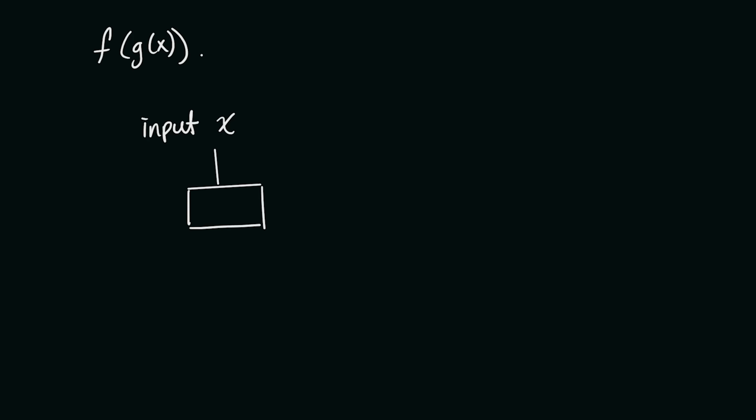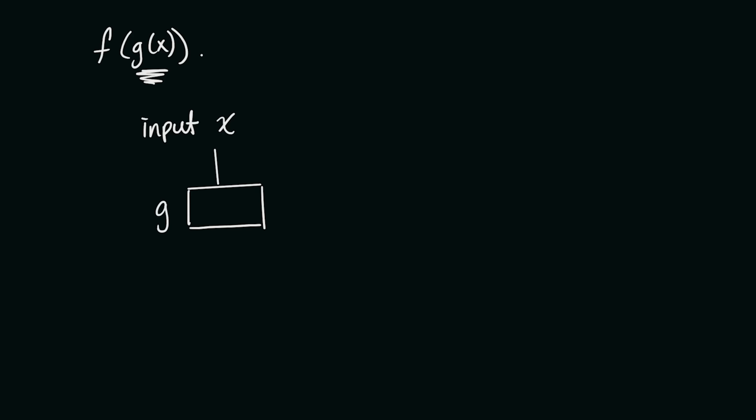Let's say it was f of g of x. We can draw a little schematic saying the input is x, and then it goes down to this little box. Since our inner function is g, that's related to the input, because x is the closest to g right now.